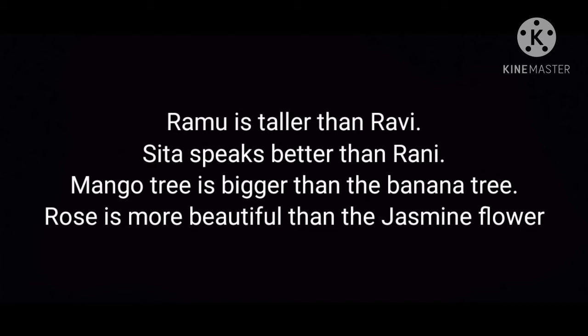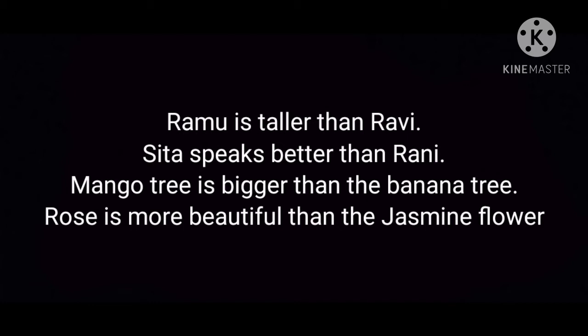Now if you observe the last one, rose is more beautiful than the jasmine flower. So for beautiful we can't use beautifuler or beautifulest. We use more and most in front of the degrees of comparison to compare the things which don't have er and est. So rose is more beautiful than.